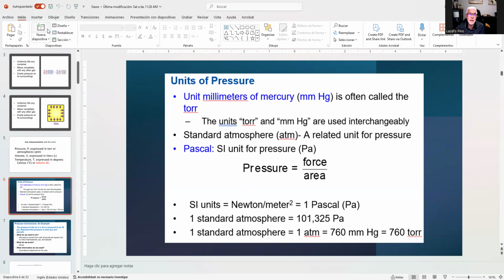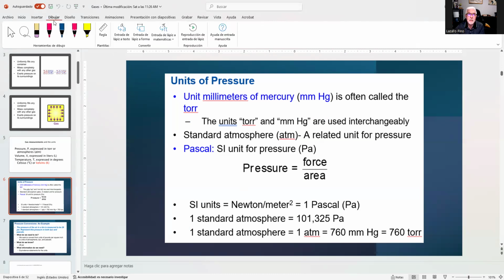Take into account that in order to do different calculations, we need to use these relations between units. For example, you can make a conversion factor. Remember that in chemistry we use dimensional analysis, and in dimensional analysis we use what we call conversion factors.